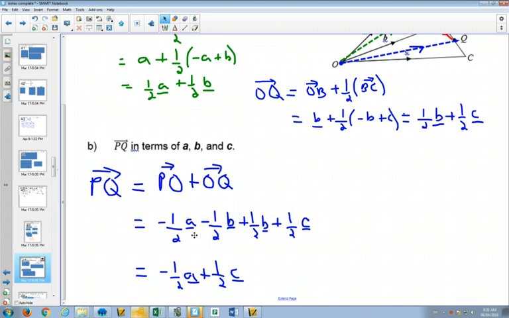And then adding O to Q, we find that to go from P to Q is just 1/2 A plus 1/2 C.